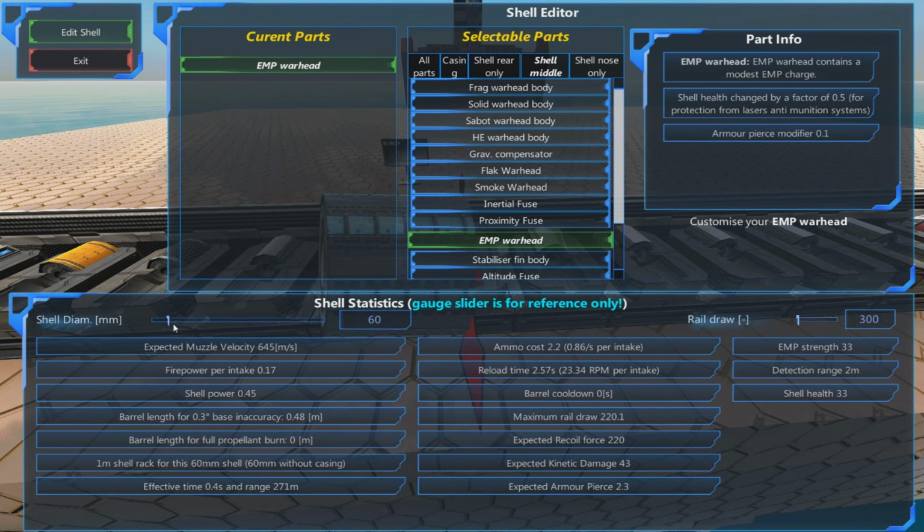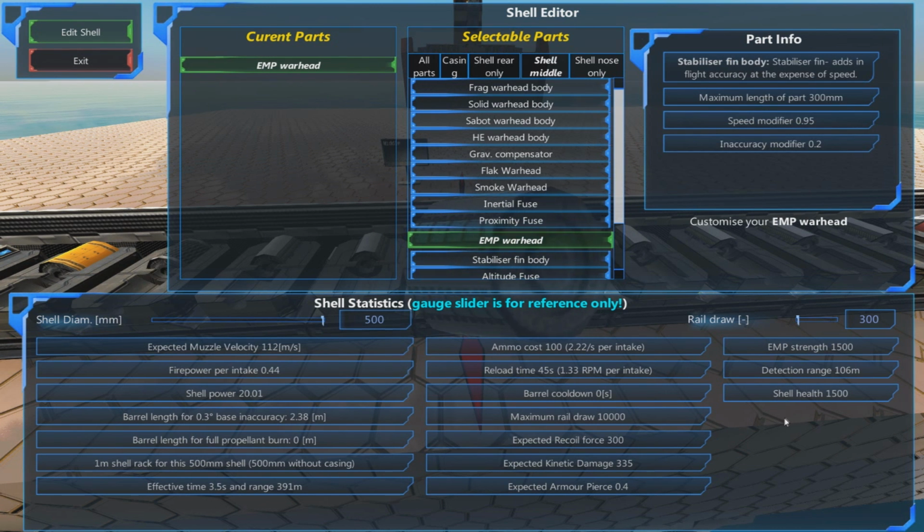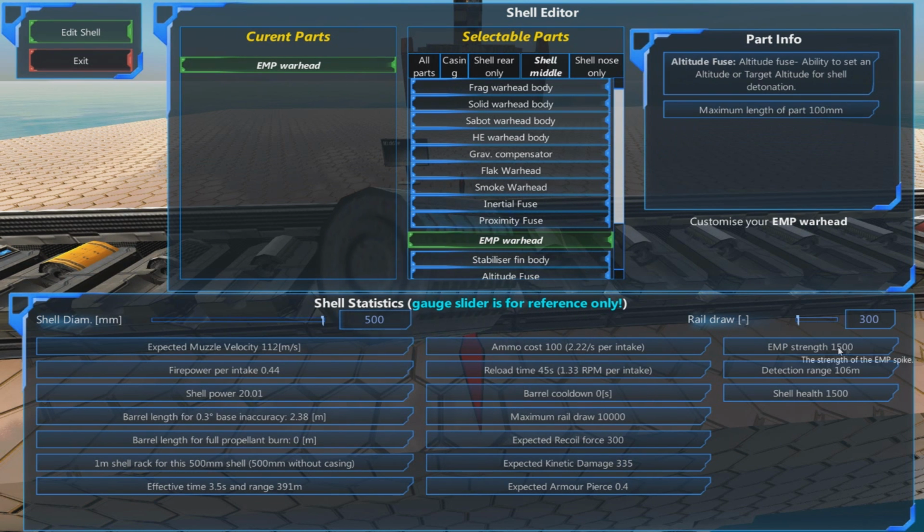You are better off having a single larger jolt of EMP, up to 1500 on a 500mm shell, than lots of smaller jolts, because the EMP strength also determines how far it travels. So you want a charge to travel as far as possible. Even on very big shells, you can't get super good EMP strength.